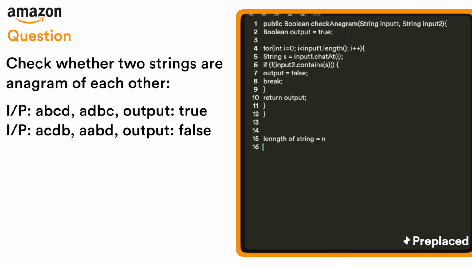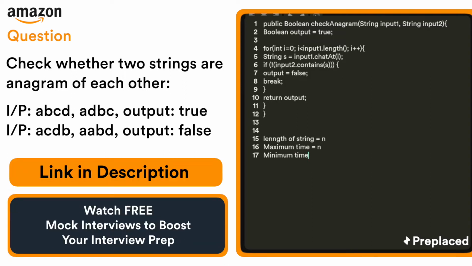If it finds a mismatch, the maximum time it will take is n, and the minimum time it will take is 1 in the best case. Say if it finds C as your first character, then it will immediately break and return false. So the minimum time will be 1. This will be the complexity.